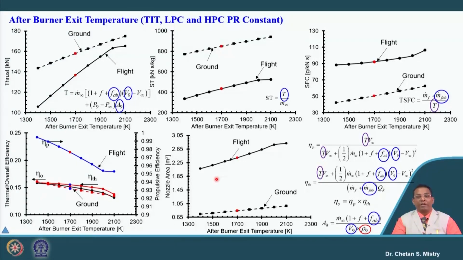Suppose I consider, for this numerical that we have solved, we have taken our turbine entry temperature to be, say, 1200 Kelvin. Again and again let me explain, if we go with a higher turbine entry temperature, our scenario will be different.